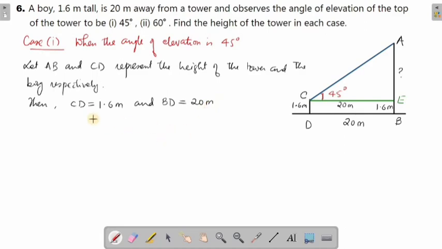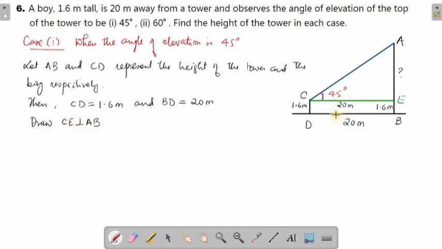What is the extra thing that you have done here? The extra thing that you have drawn is CE perpendicular to AB, isn't it? So draw CE perpendicular to AB.